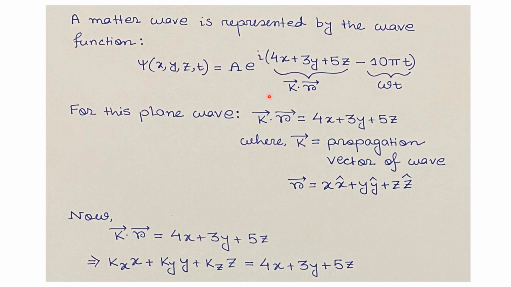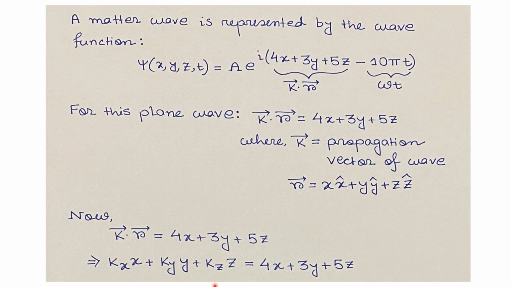In our case, k dot r equals 4x plus 3y plus 5z, which is written here. Now, if we expand this dot product, then we will get kx x plus ky y plus kz z equals 4x plus 3y plus 5z.